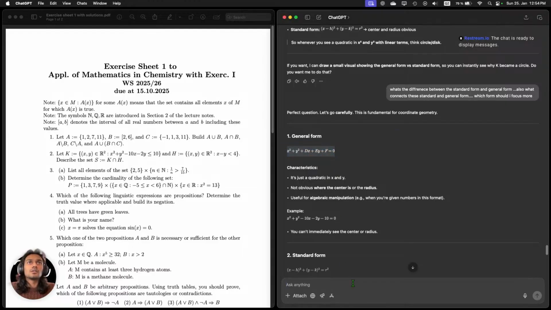Okay, now on this general equation, can you explain? I believe the x and y are just on the perimeter.